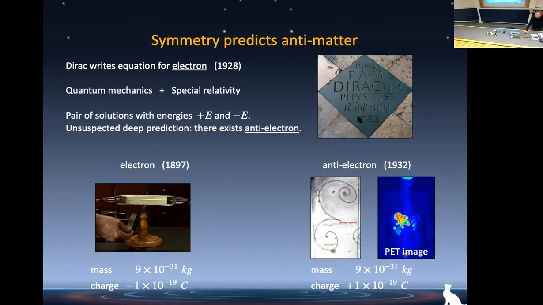Anyway, in this equation, not really in this because all these constants have been put equal to 1, but there is H bar and C, the two constants, one of quantum mechanics, one of special relativity. When he was studying this equation, he figured out that there are pairs of solutions with energy plus E and minus E. So in particular, there are states with negative energy.